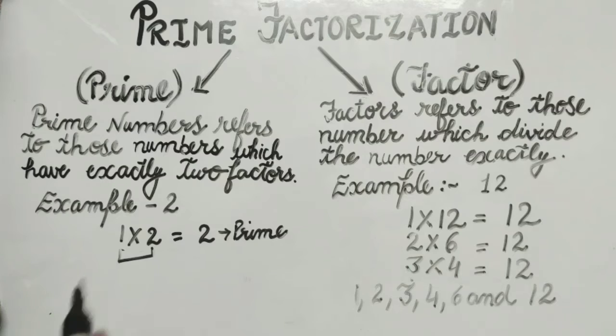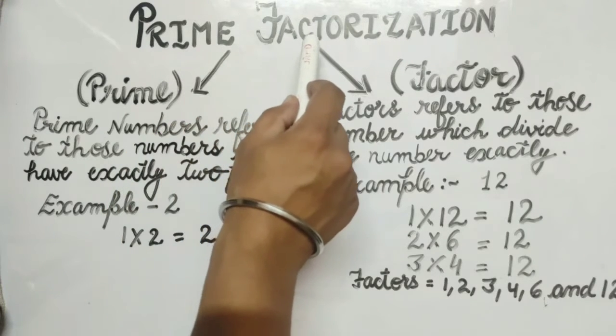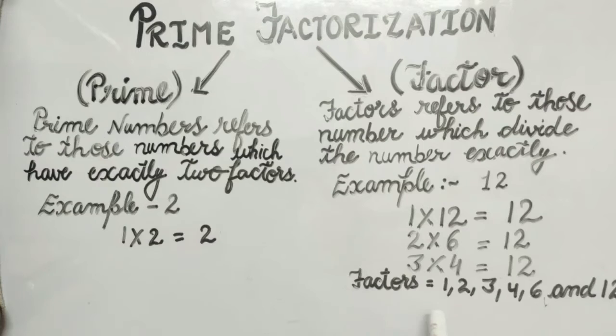Now, what is prime factorization? Students, we can say that prime factorization means product of the factors which are prime. Now, let's understand this with the help of one example.